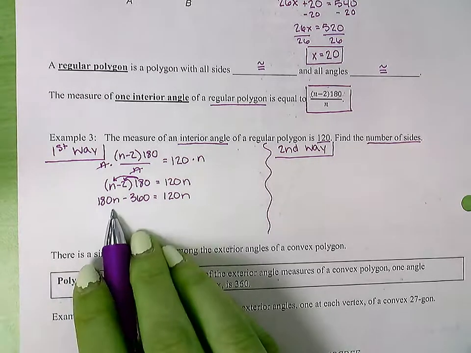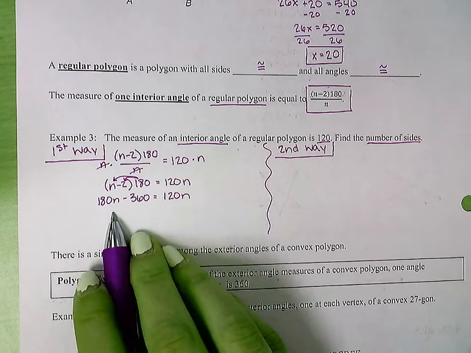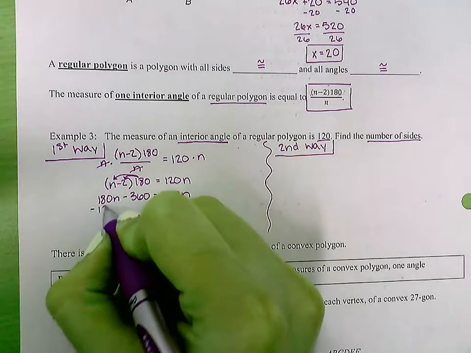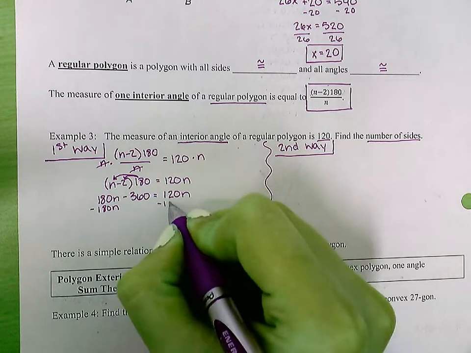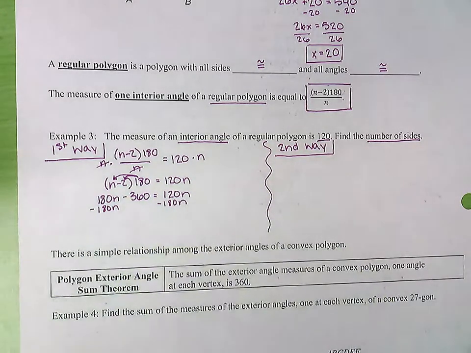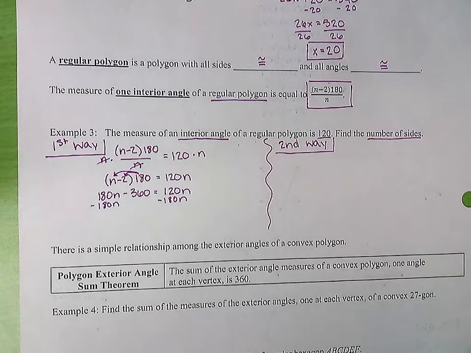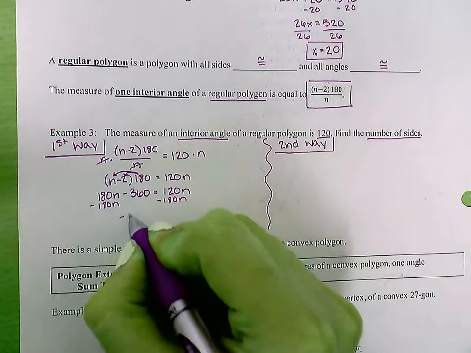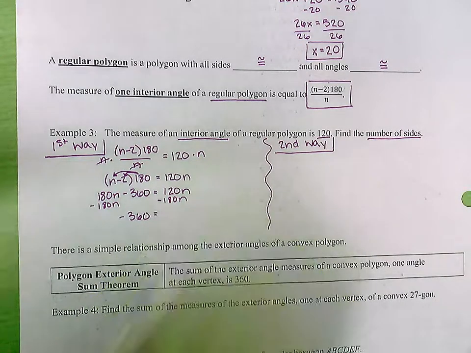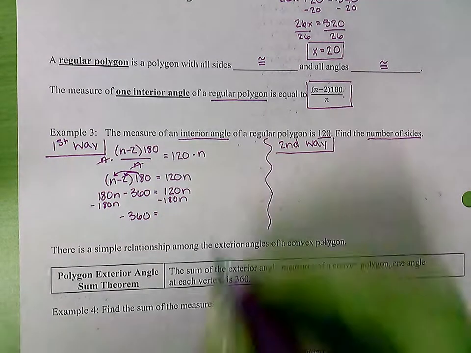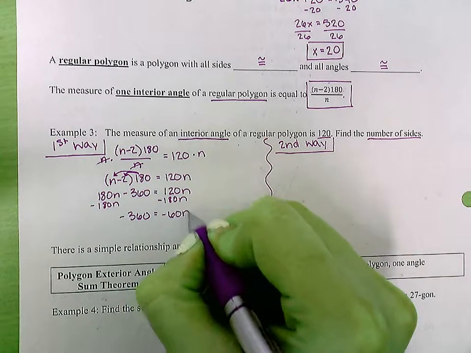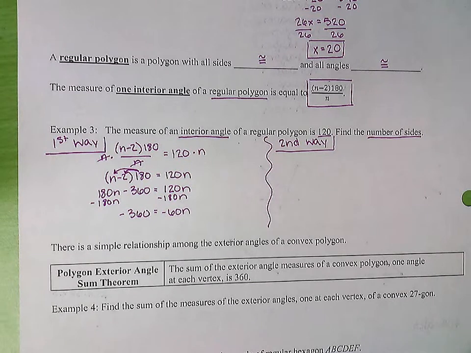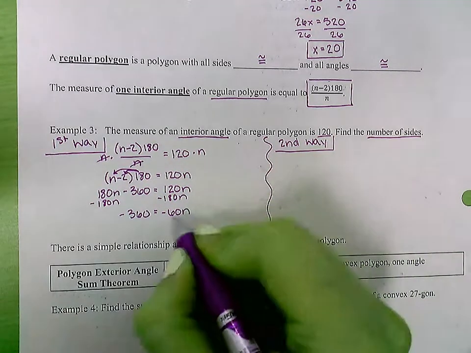Now I need all of my n's on one side of the equation. So I'm going to subtract 180n. So I still have negative 360 is equal to negative 60n. And I want n by itself because I want to solve for the number of sides.